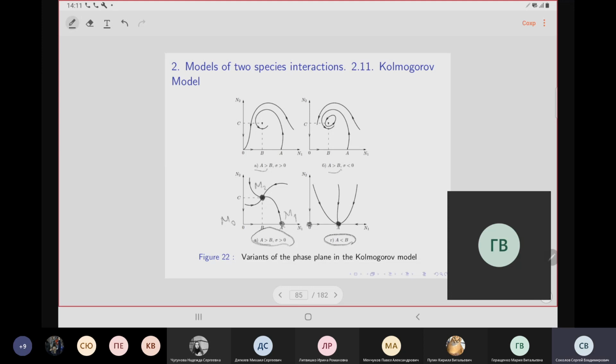And another situation, when sigma is negative, then our non-trivial solution is not stable, but there can exist limit cycles, or there can exist some more complicated dynamics in this case.